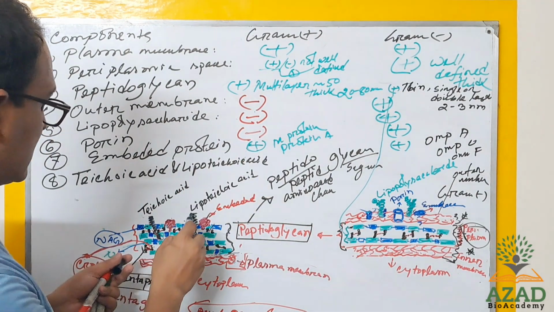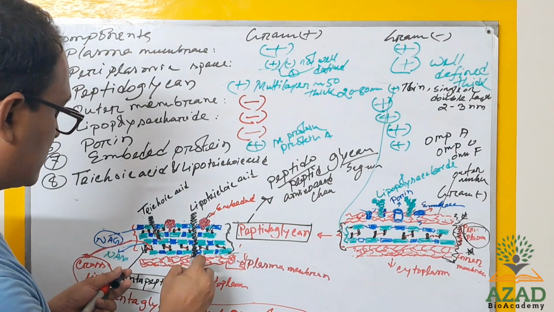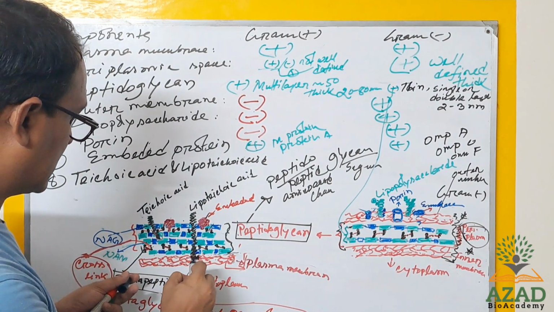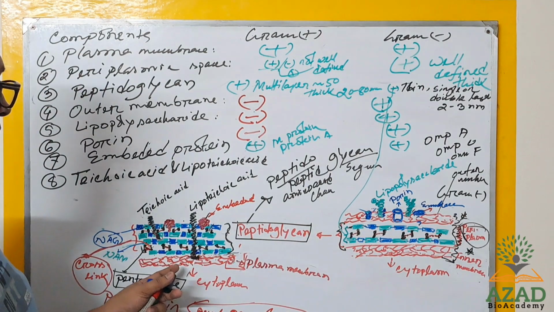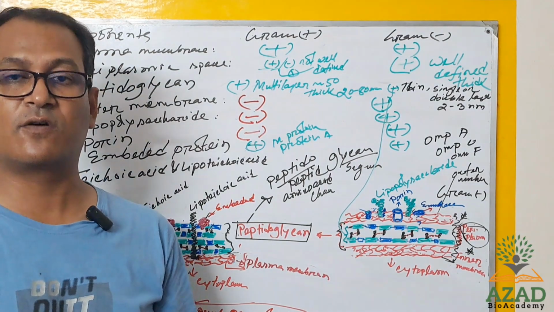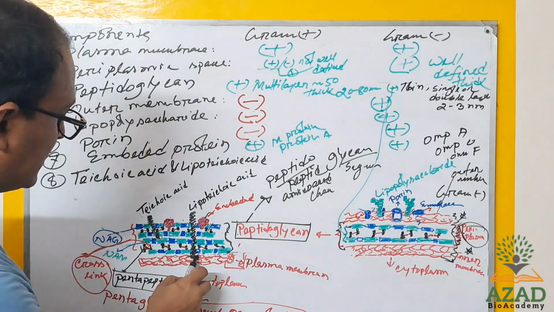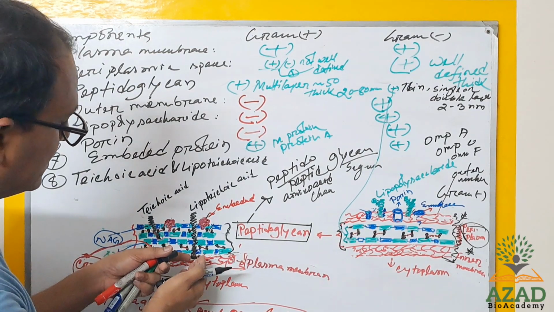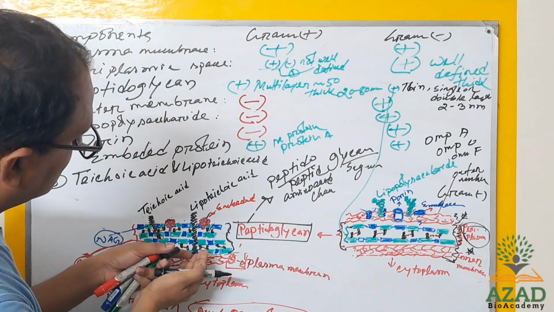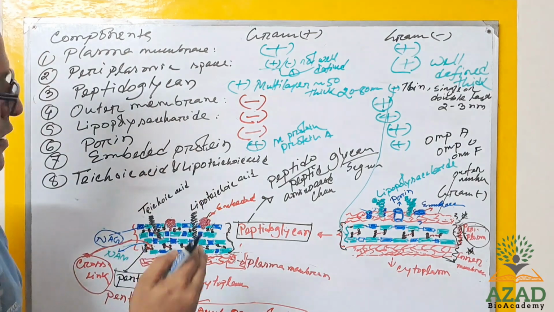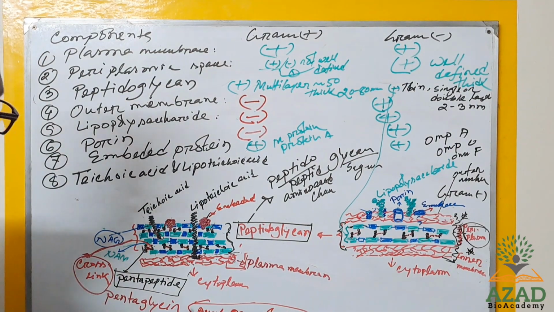Lipoteichoic acid goes completely through into the membrane part, that is the plasma membrane. And you know the plasma membrane is made up of a lipid bilayer. So it is incorporated in the lipid part and protrudes outside of the peptidoglycan.